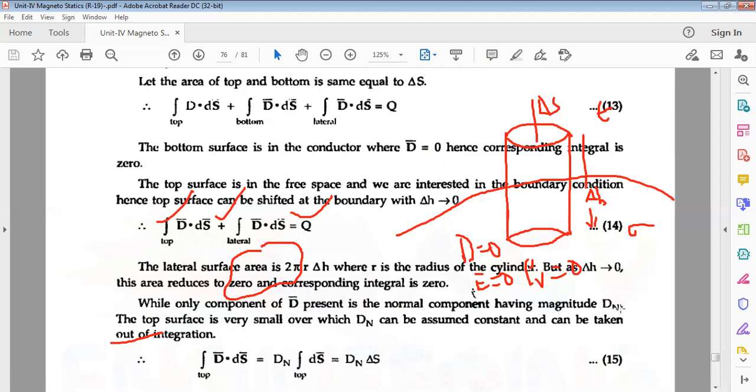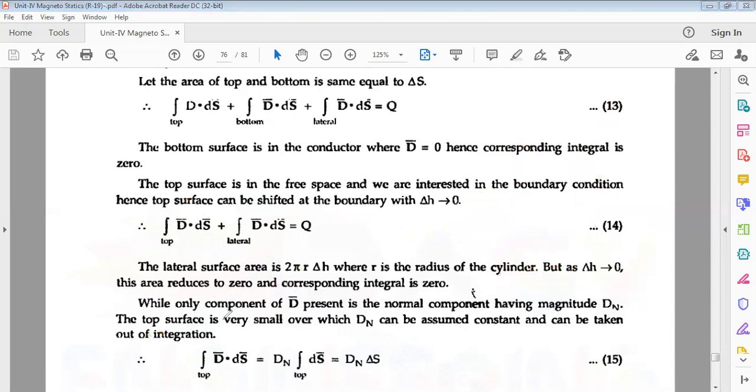Now only the top remains, where only the component of D bar present is the normal component having the magnitude Dn. The top surface is very small, over which Dn can be assumed constant and can be taken out of the integration. That is, the integral over top of D bar dot ds bar is equal to Dn into the integral over top of ds bar. The integral of ds bar is nothing but delta s, the total incremental surface. Previously we took the integral of E dot dl bar equal to E tan delta omega, the width of that rectangle.